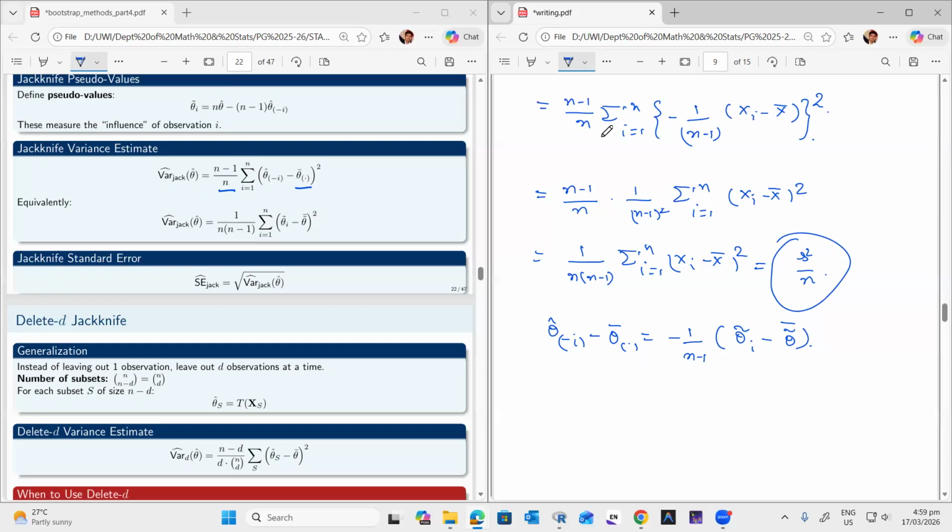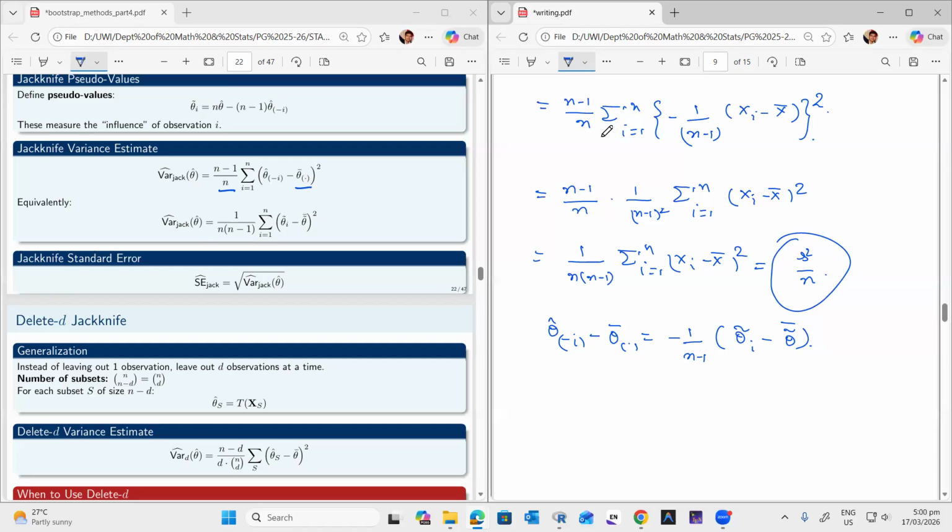All right, and the second thing is that for dependent data, like time series or spatial data, deleting an individual observation destroys the dependency structure. Okay, so the block jackknife can be used, where we just delete blocks. That can be one solution for this.